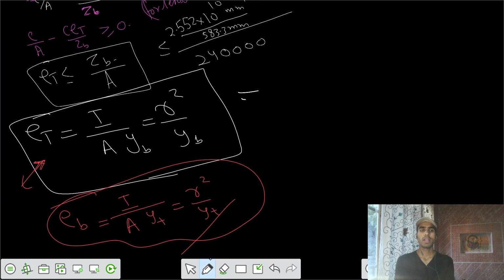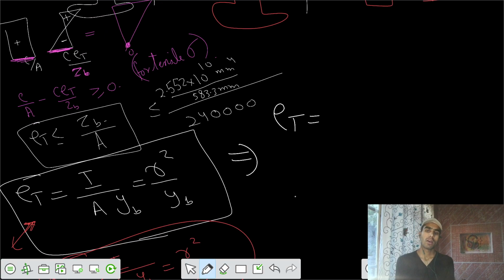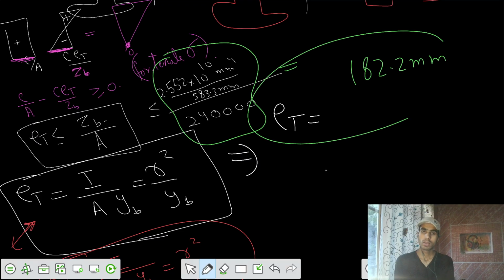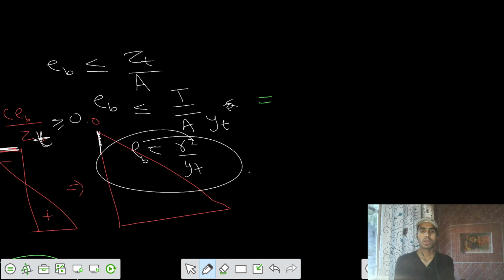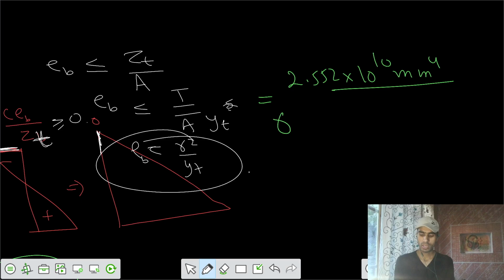That's the value of e_top. Let's have the critical condition that e_top equals I about the neutral axis by A by y bottom. We have already written that, and that value comes out to be 182.2 millimeters. The second part is e_bottom, which equals the moment of inertia, 2.55 times 10 to the power 10 mm^4, divided by the area of the cross section, 240000 mm^2, and y top.